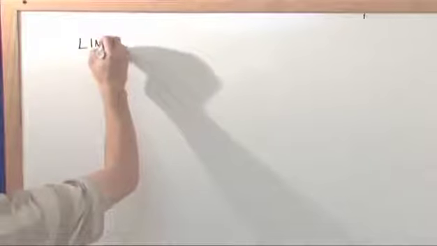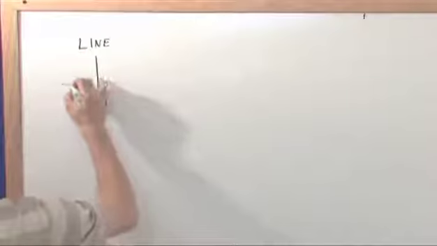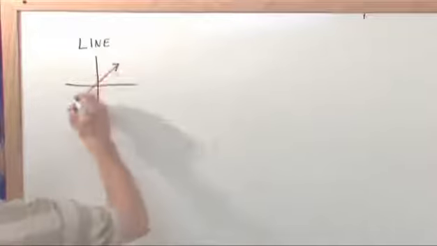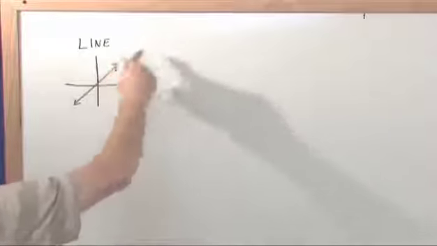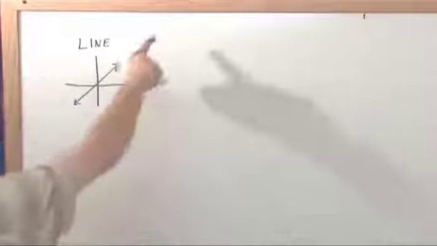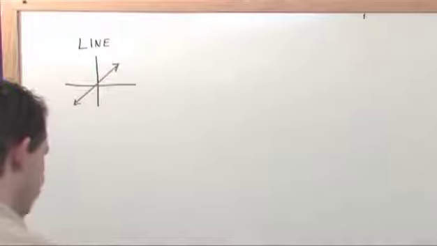Okay, here are some common graphs that you already know, but I'm just going to put them up here for reference to refresh your memory, okay? The graph of a line just looks like this, and I know you know this, but a graph of a line just goes like this, okay? Here's a graph that goes on like this, side to side. It goes on forever in both directions, okay?